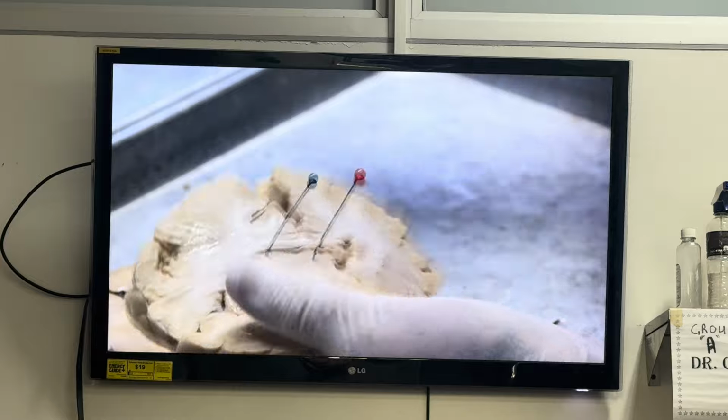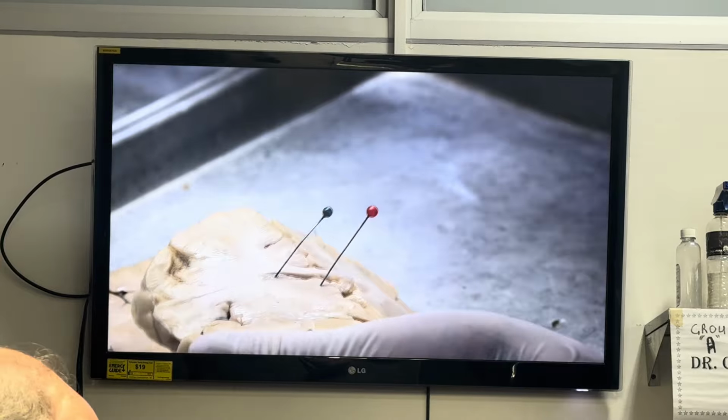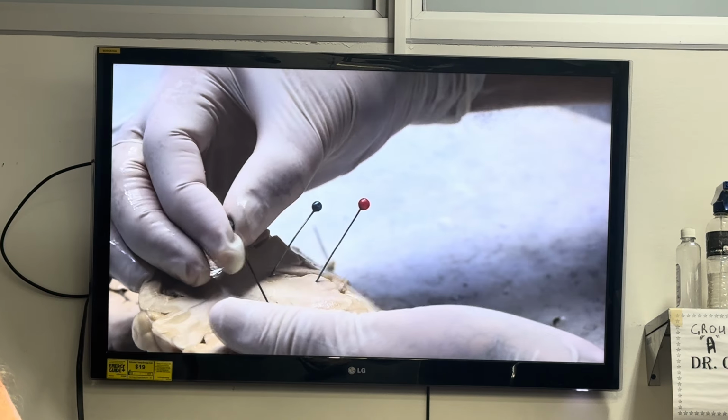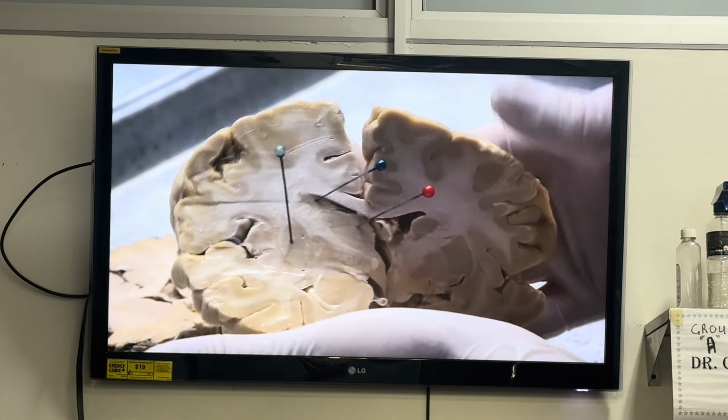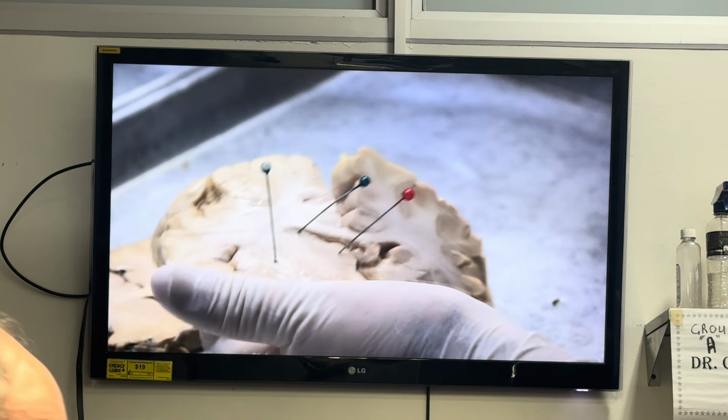So at this level now, what is this? You have the putamen.